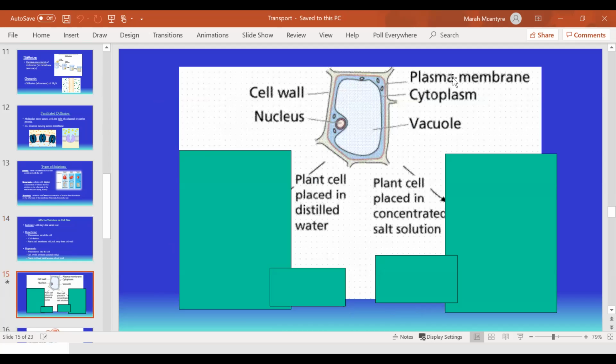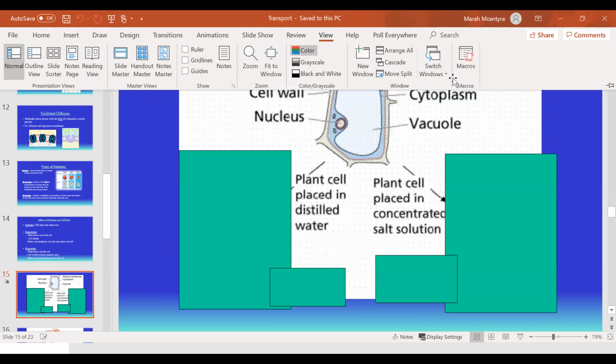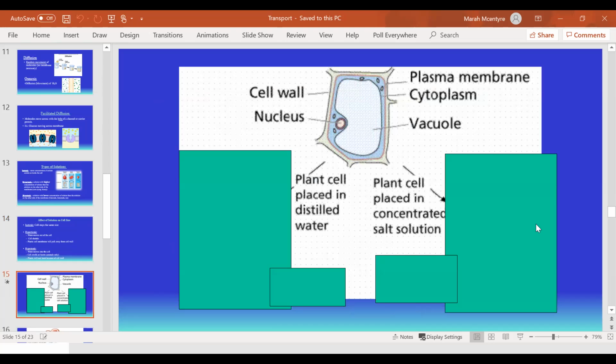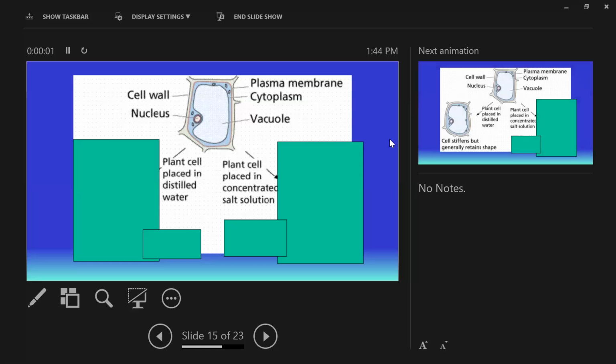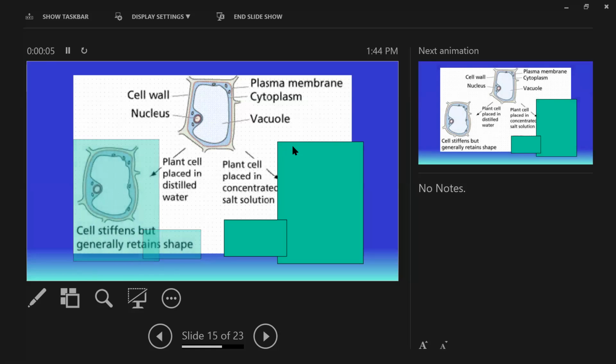So if we look here, I'll have to go into our slideshow. We see that we put a plant cell in distilled water, which is just plain water. We've taken out all of the concentration, so it would be at 0.